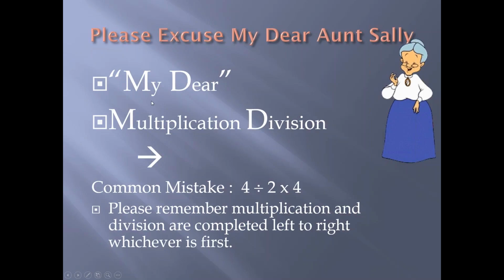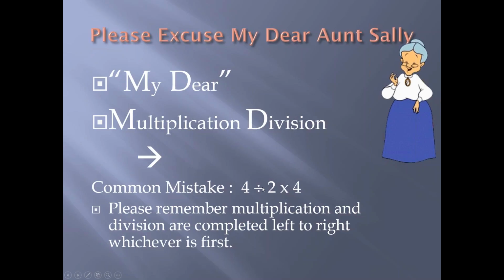The next slide is the most common mistake that I think shows up, especially in the younger grades. My dear must always be presented together. The multiplication and division are to be solved going left to right. So as I show in the common mistake, the 4 divided by 2 is completed before the times 4.